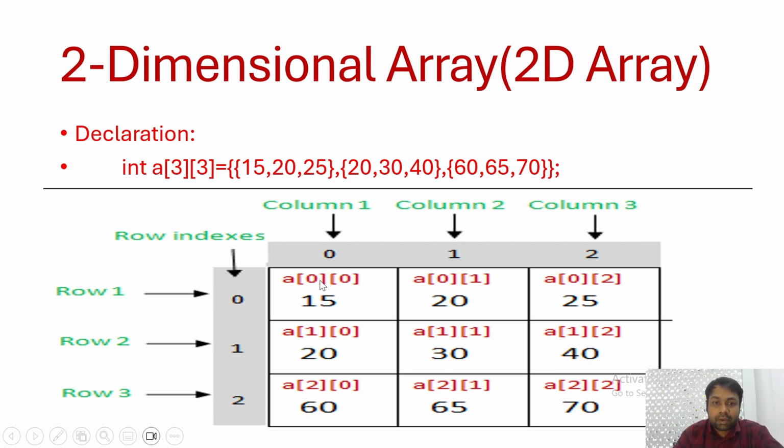If it is our mathematical matrix, we write 1 1, 1 2, 1 3, 2 1, 2 2, 2 3, 3 1, 3 2, 3 3, a 3 by 3 matrix. But here the indices start with 0: 0 0, 0 1, 0 2, 1 0, 1 1, 1 2, 2 0, 2 1, 2 2. It is the first row only, but the index starts with 0; the first column only, but the index starts with 0. The elements are getting stored like this.